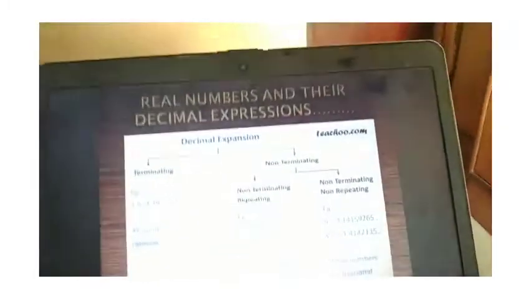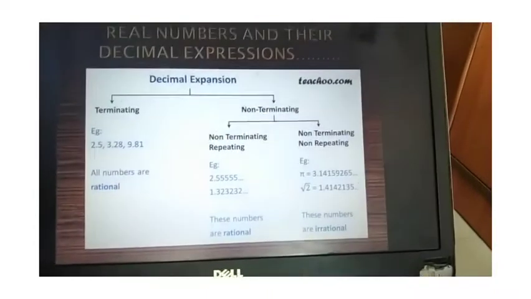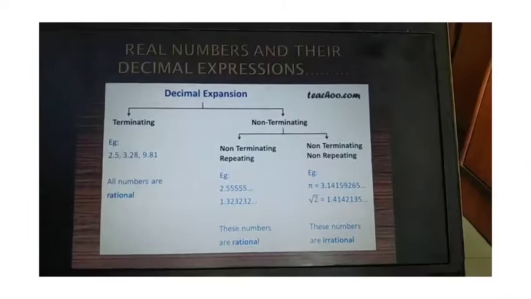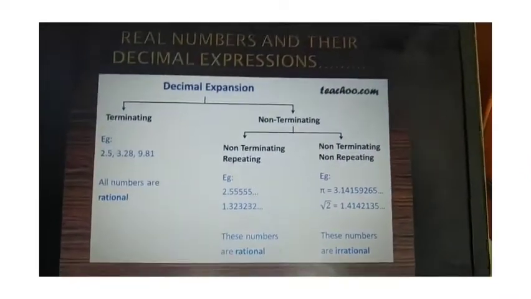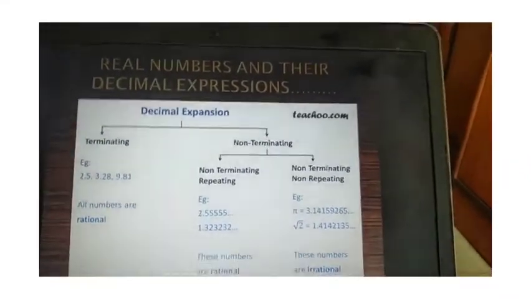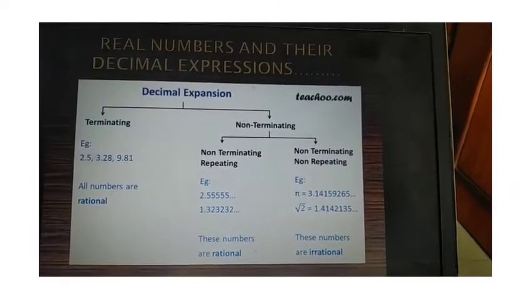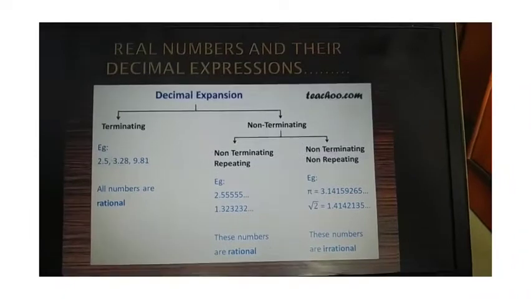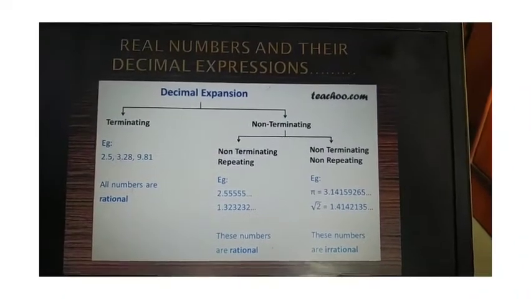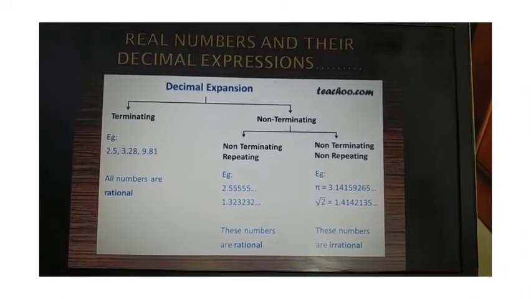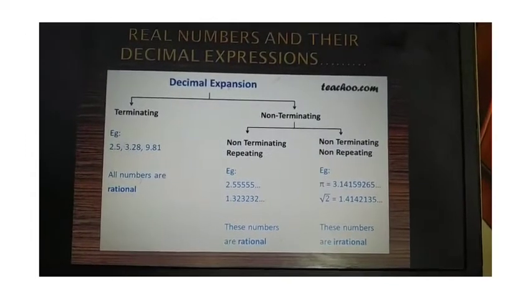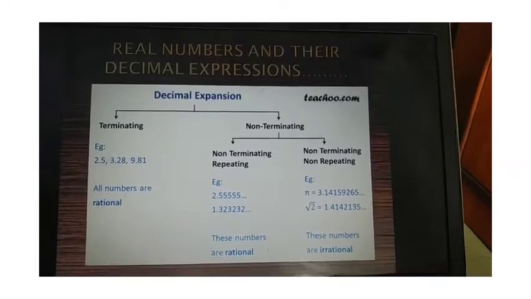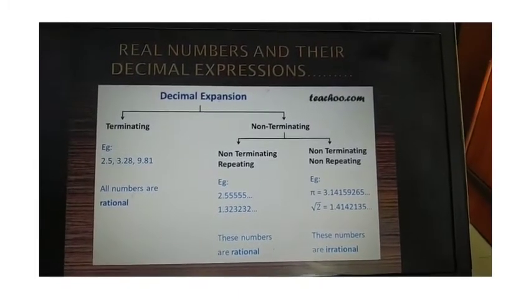So let us see the examples here. An example of terminating is 2.5. Where the decimal ends, all those numbers are rational. Coming to non-terminating, you have the example of non-terminating and repeating: 2.55555, it goes on, it doesn't stop. Such numbers are called non-terminating, and the digits are repeating.